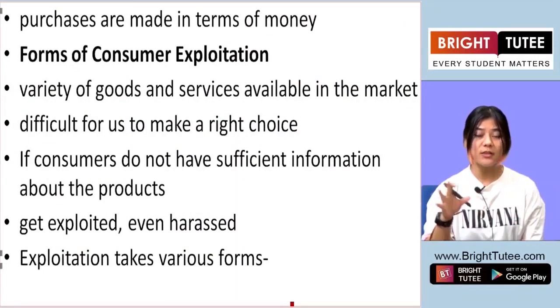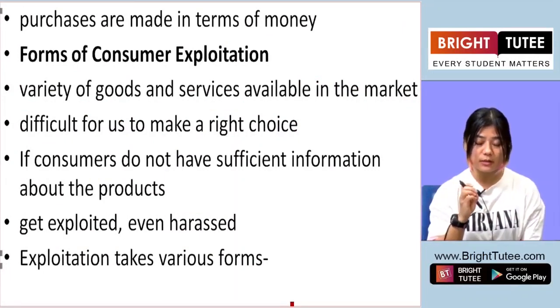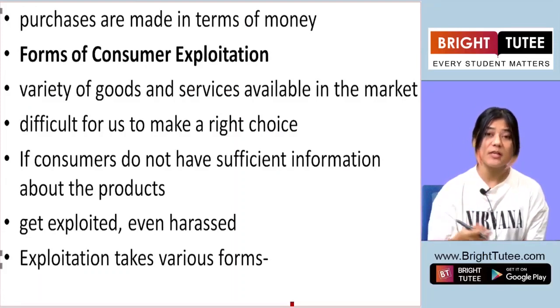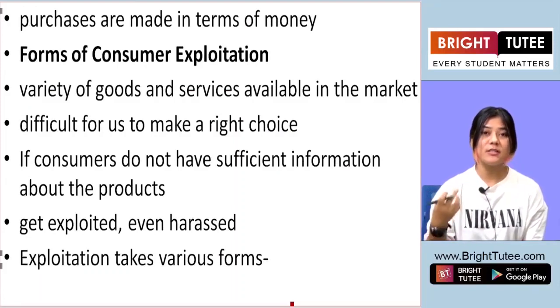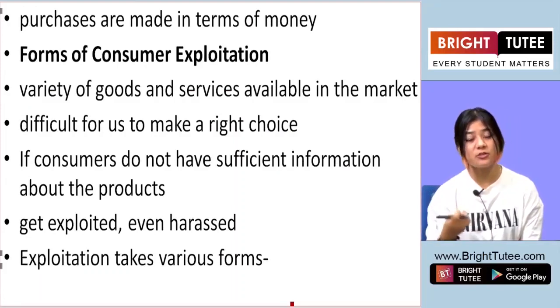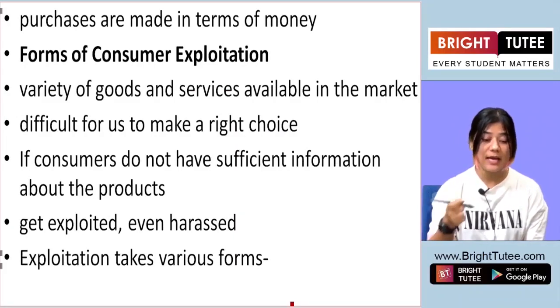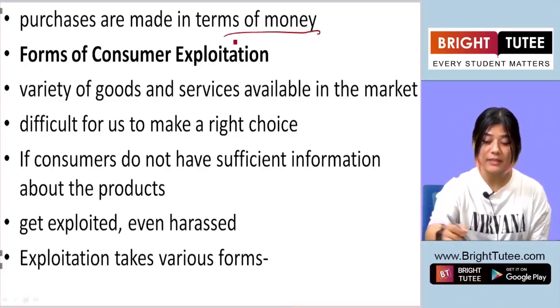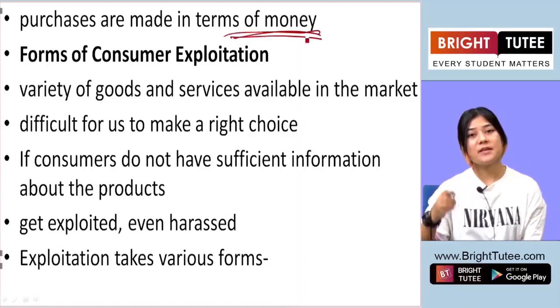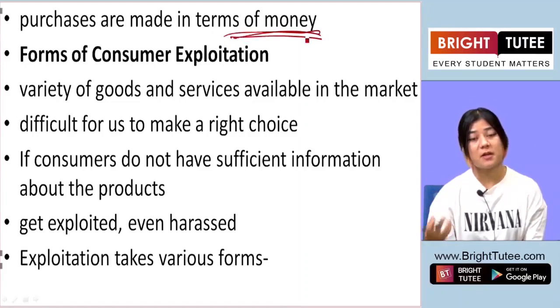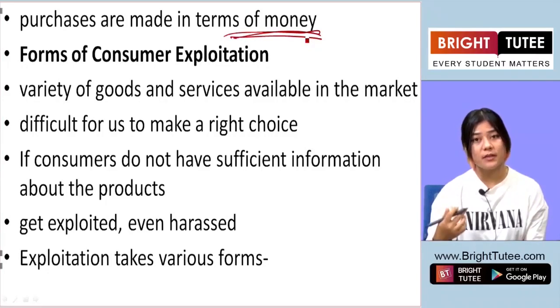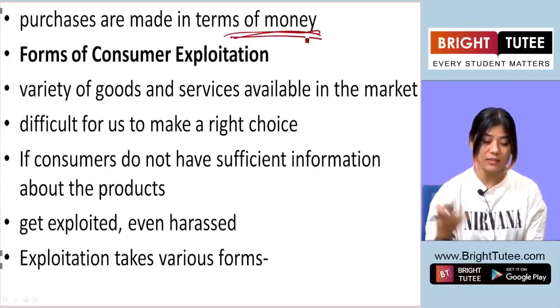Now, modern consumers, when they purchase goods and services in the market, they use money. Okay, so money becomes the medium of exchange. Money is used in the purchase and sale of the goods and services.